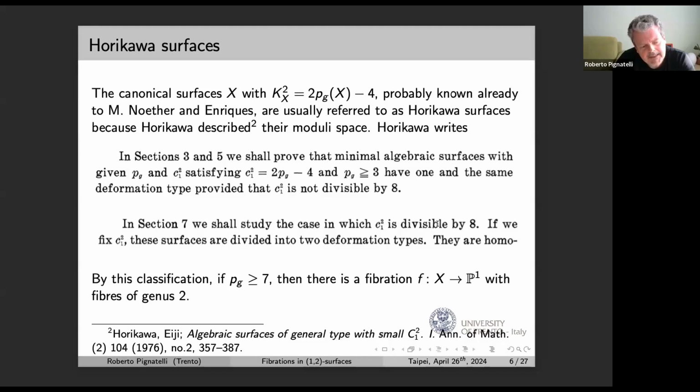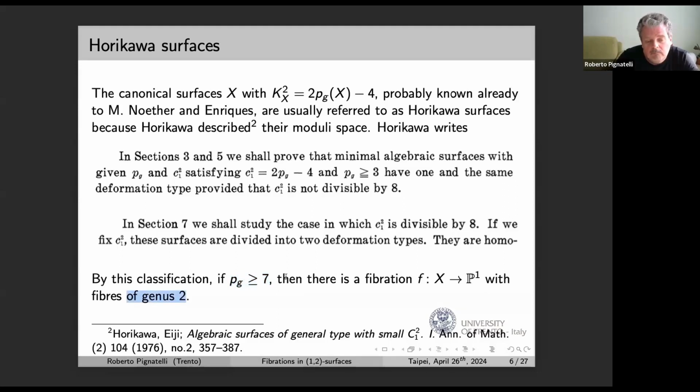So the idea we had is, well, since this is a paper everybody doing surfaces has read. Well, as in every case, there are exceptions if PG is small, but if PG is big enough, in this case at least 7, then the canonical image is a ruled surface, and you can pull back this ruling, and you get a pencil of curves of genus 2.